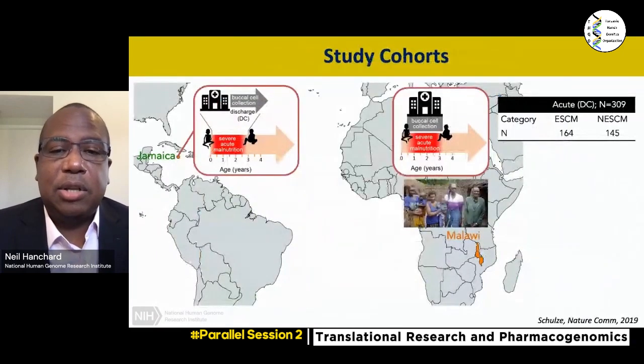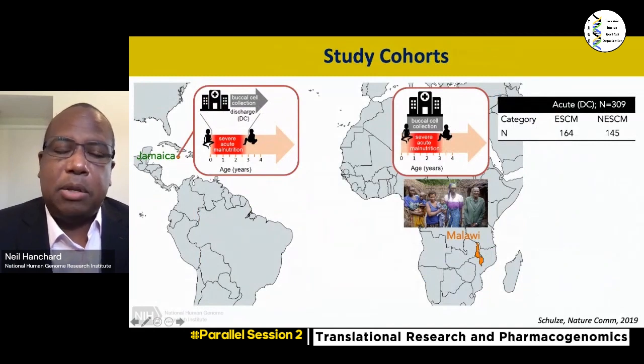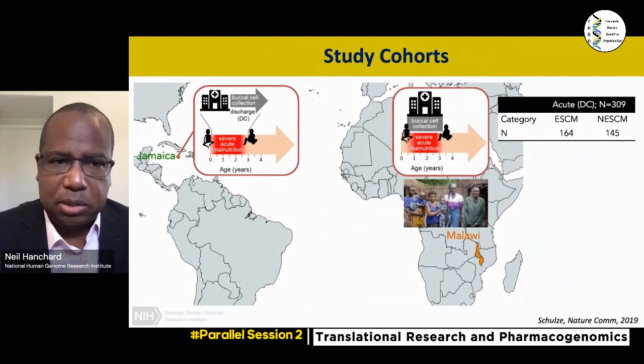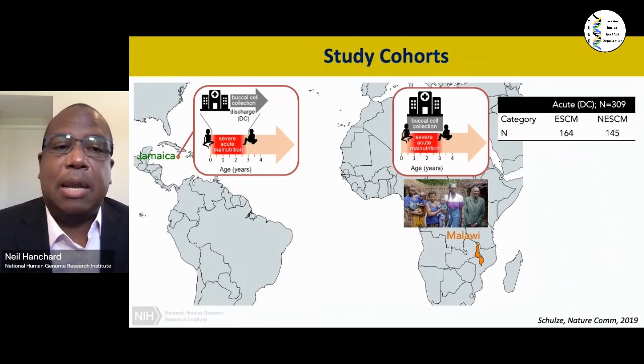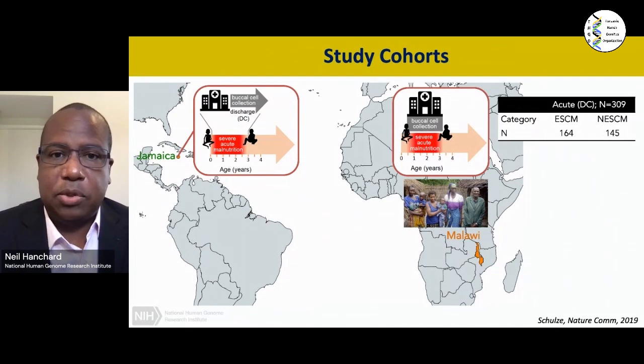And so we decided to study this using two cohorts from Jamaica and Malawi. These were all children, aged between 0 and 3 years, who had buccal cells taken in and around the time of their original diagnosis. So this is an acute group, we refer to them as DC.